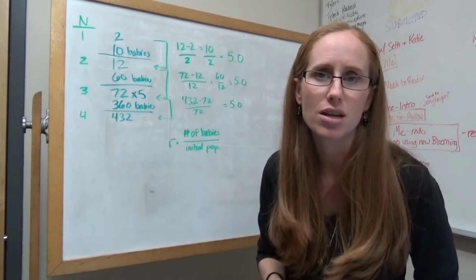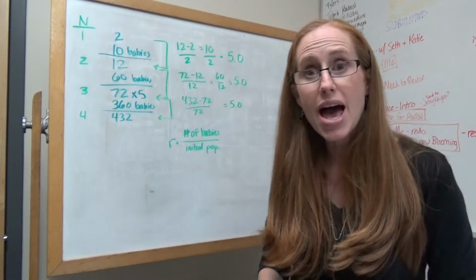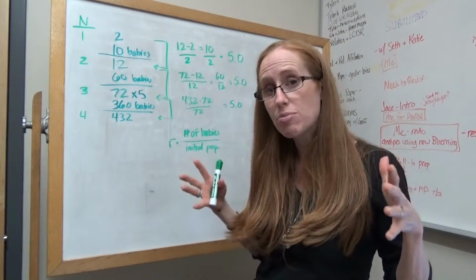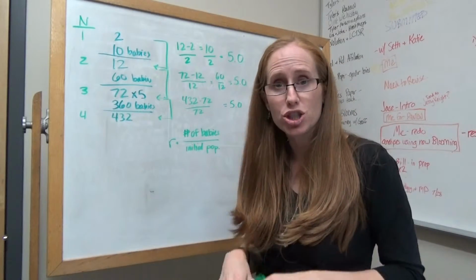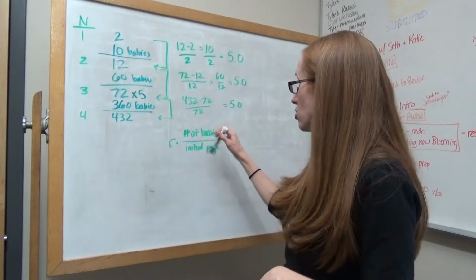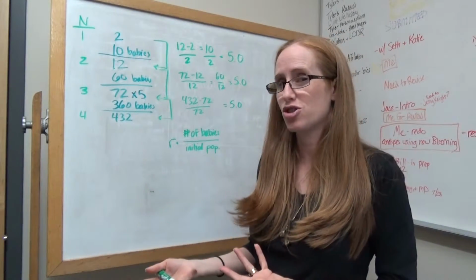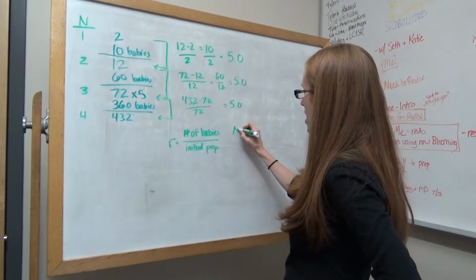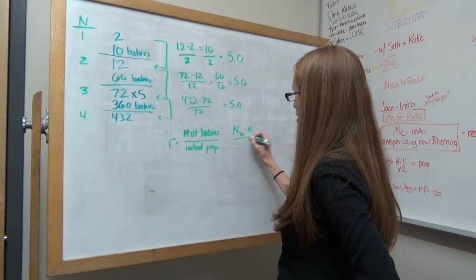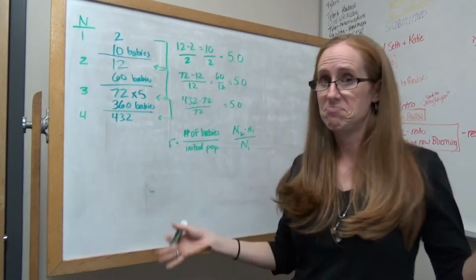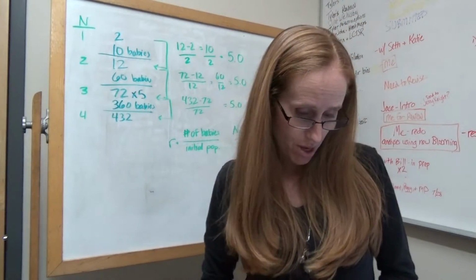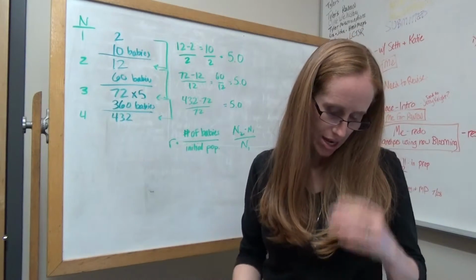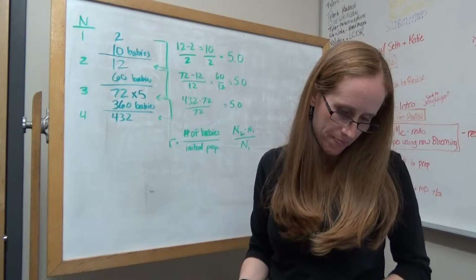They can come up with any number of mathematical expressions they want, and I would encourage them to put it on their little whiteboards and then have a share session out so that everybody can see what they used. I like the number of babies over the initial population, but some people like to write n2 minus n1 over n1. That works too. And so you're going to have them write that down.